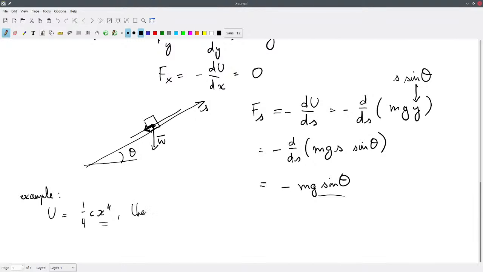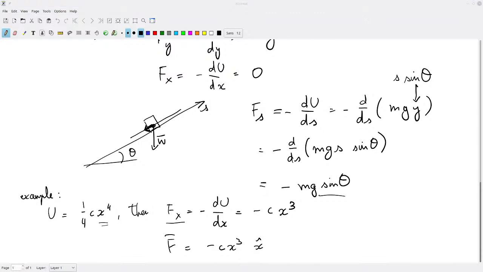So then f of x will be minus du dx, and that is minus 1/4, well, the 1/4 will actually disappear with the factor 4, so it will be minus cx to the third power. And this is the x component, but f as a vector will be minus cx to the third in the x direction.